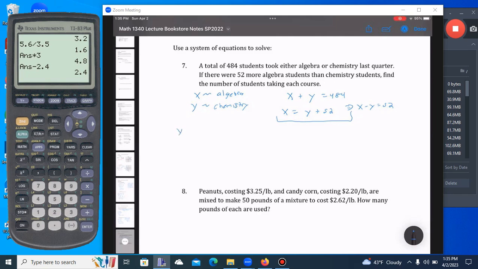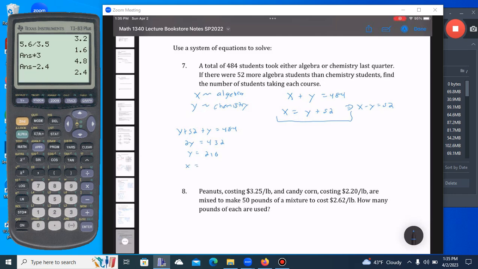So I'll have y plus 52 plus y equals 484. Add the y's together, you get 2y, and then subtract the 52. So you get 432. So y would equal 216. And then x is going to be the other part of that.